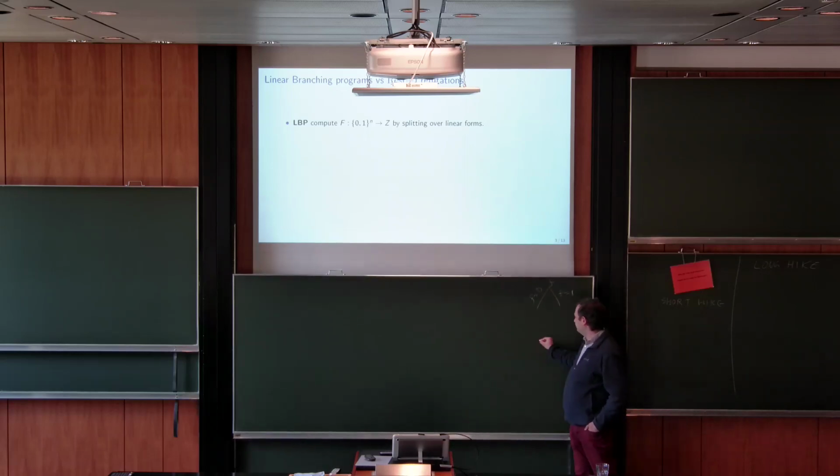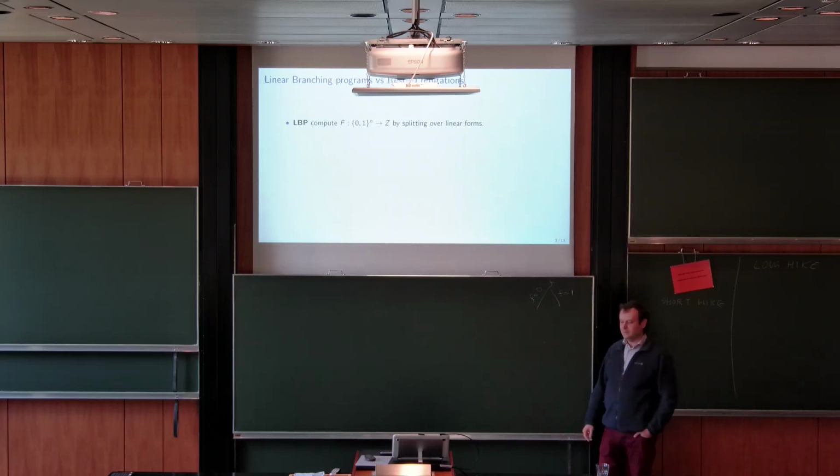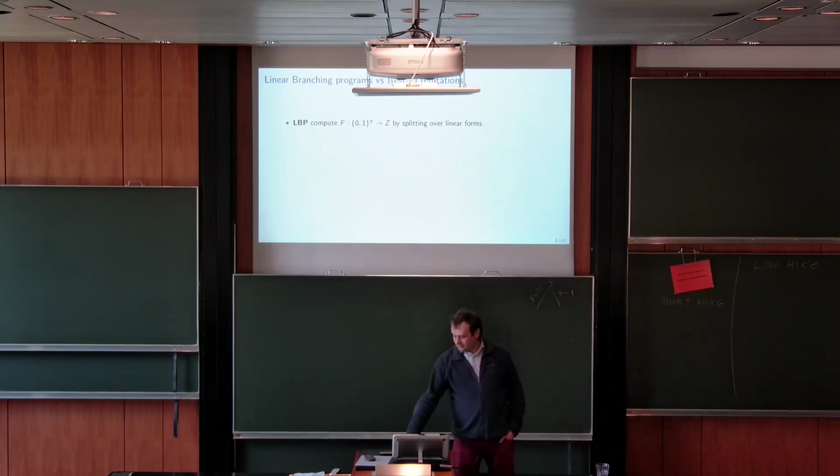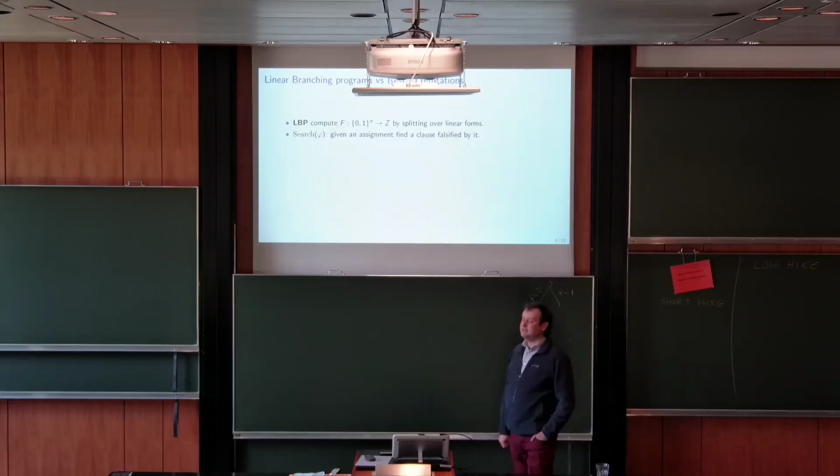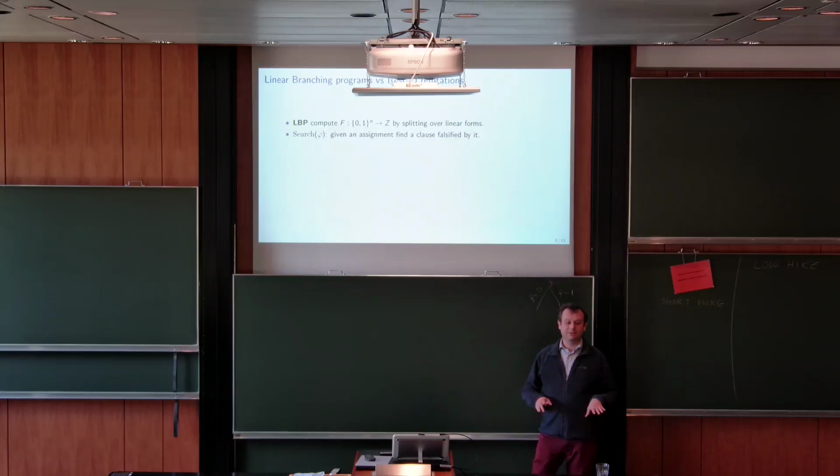We have sinks of the graph, and on sinks we have results of the branching program. The standard thing: for every CNF formula phi, we have an associated search problem. Given an assignment, we search for a clause falsified by this assignment.